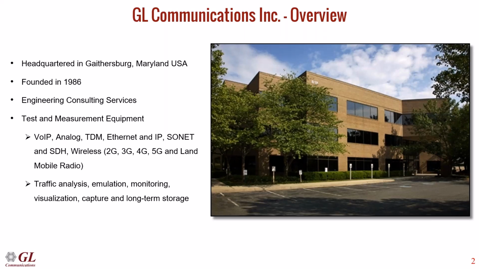We can do all sorts of different types of testing for all of these networks. We supply equipment to telecom service providers, equipment manufacturers, defense contractors, aerospace companies, as well as government.